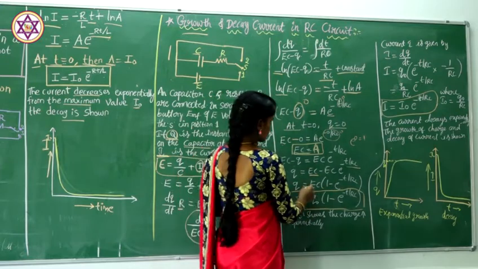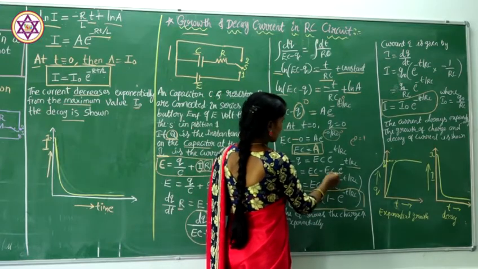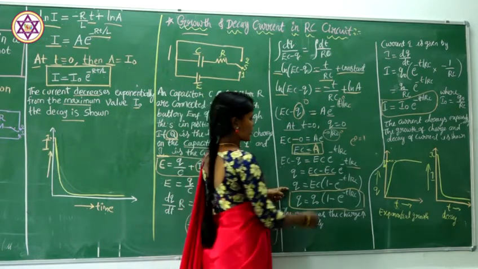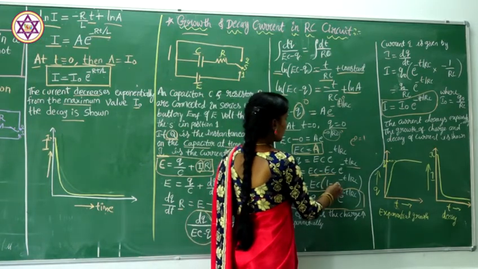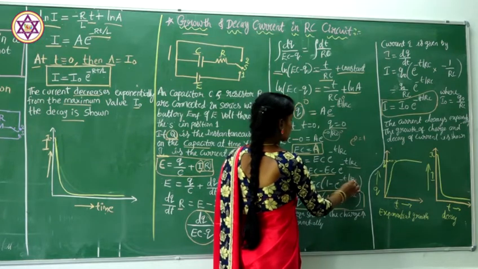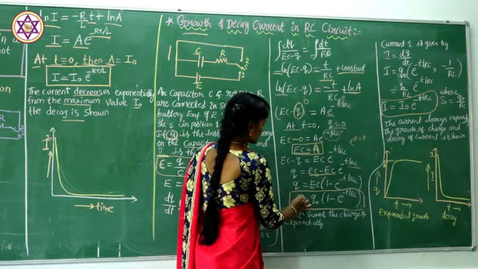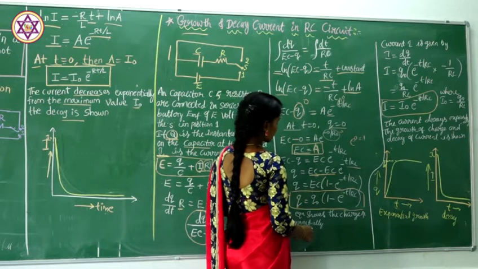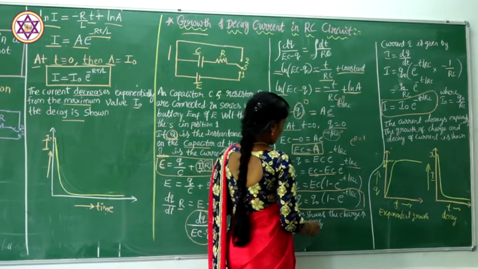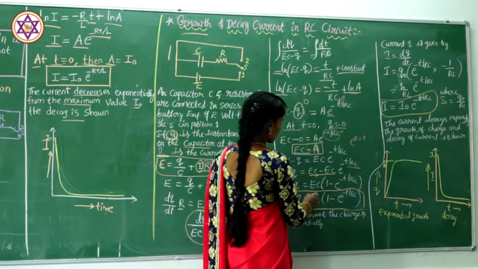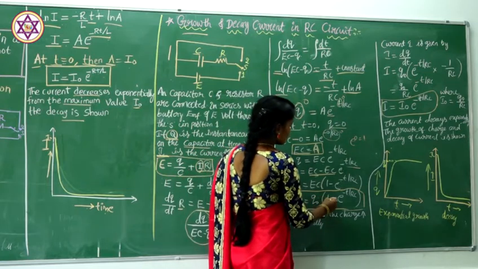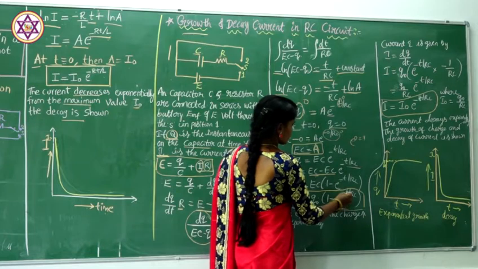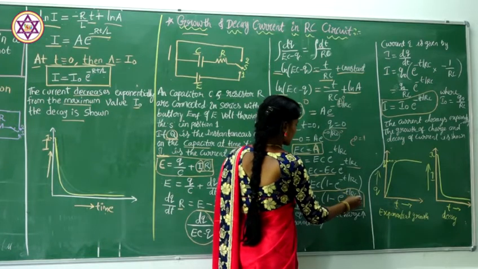Taking EC out as a common factor, q equals EC times (1 minus e to the power of minus t by RC). That is, q equals q naught times (1 minus e to the power of minus t by RC).